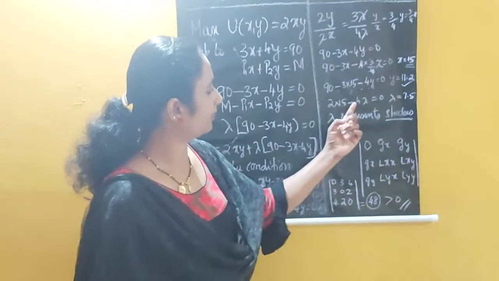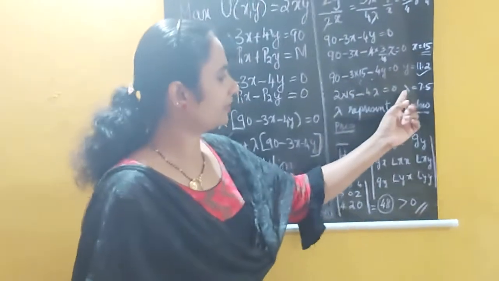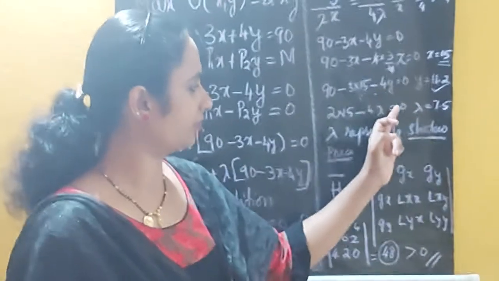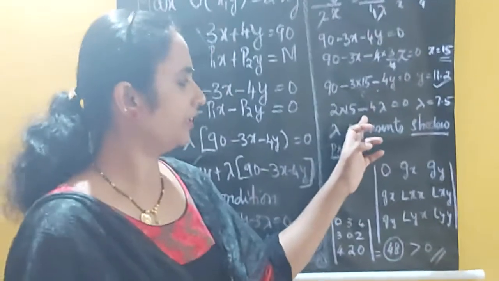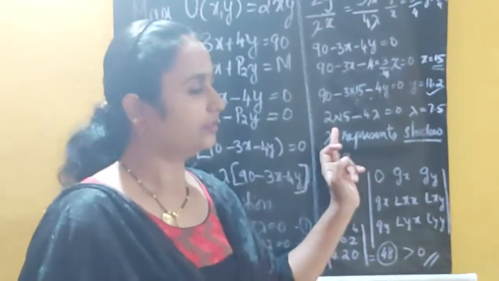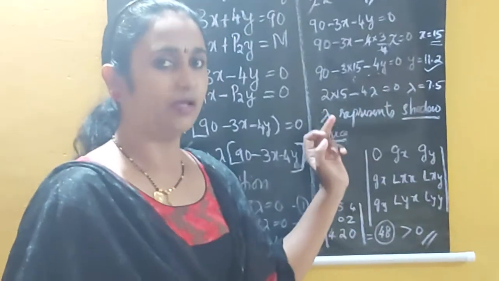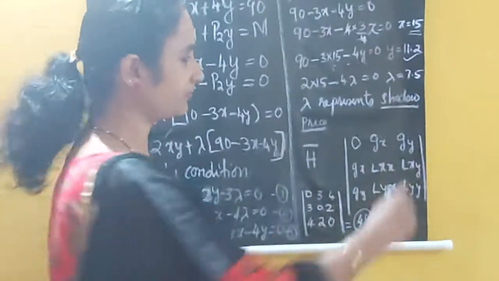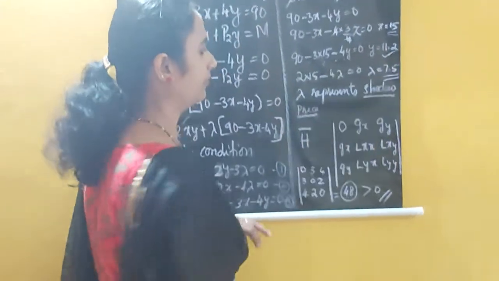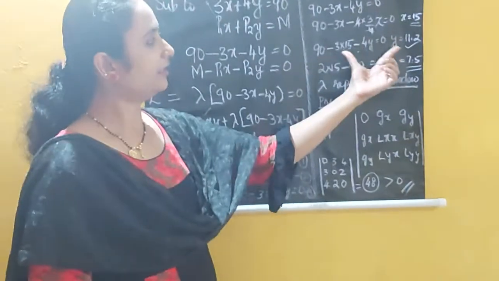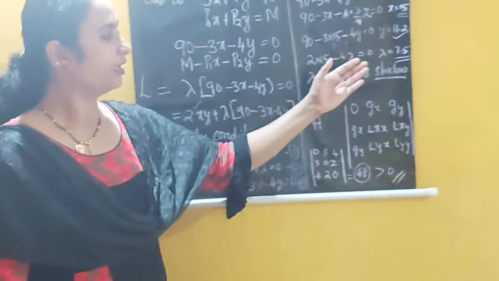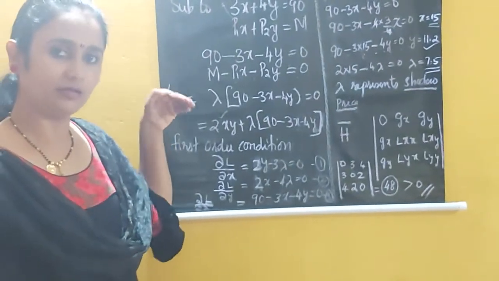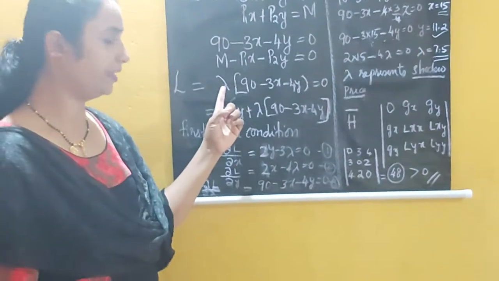Then we will get the numerical value of lambda, that is 2 into 15 minus 4 lambda equal to 0. 30 minus 4 lambda equal to 0. 30 equal to 4 lambda. Lambda equal to 30 by 4, that is 7.5.